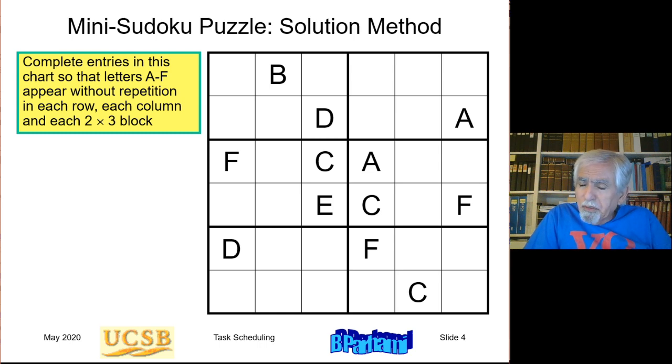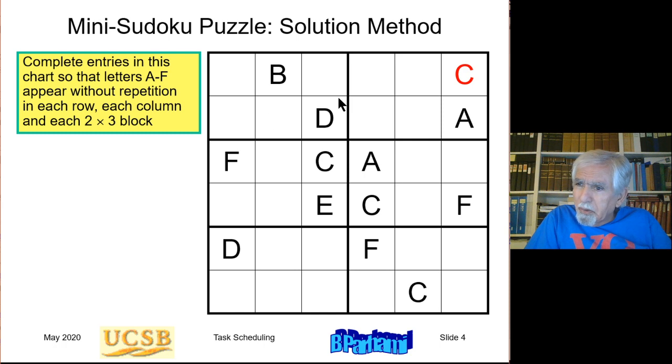So in this version, you have to put the letters A through F in the boxes so that each row contains all the letters A through F. Each column contains all the letters A through F. And each of these 2 by 3 boxes contains all the letters A through F. This is just to emphasize that it's not really a mathematical puzzle.